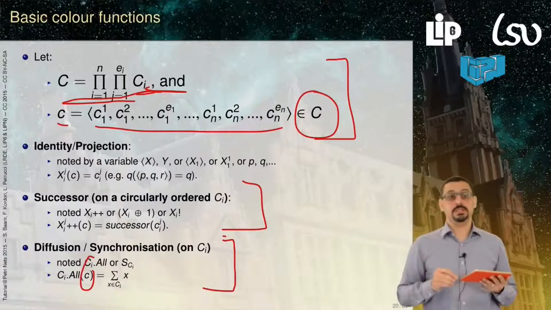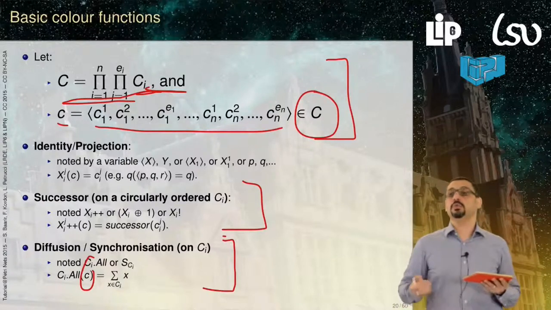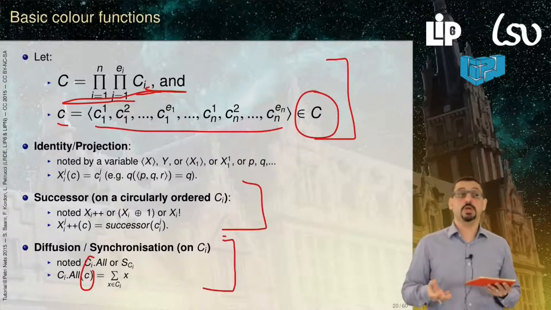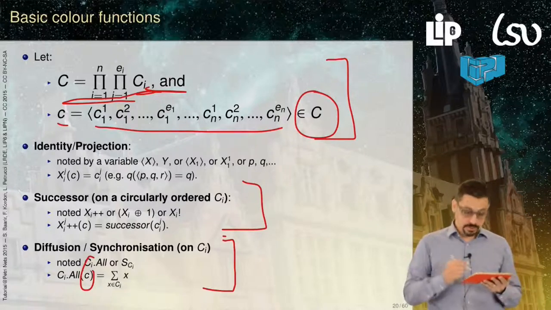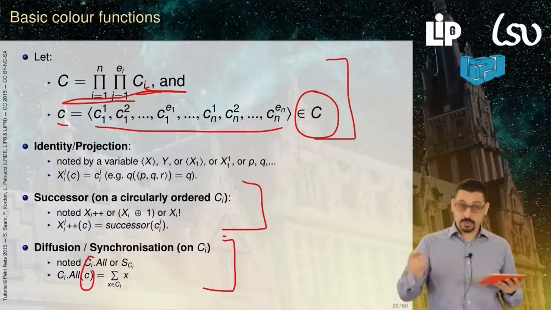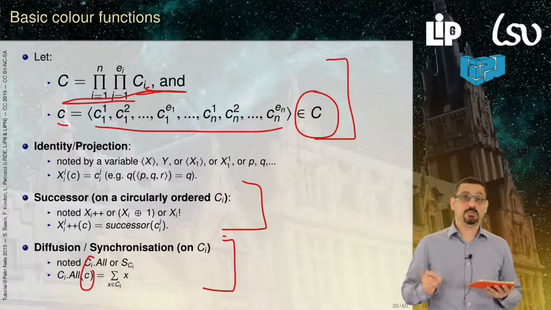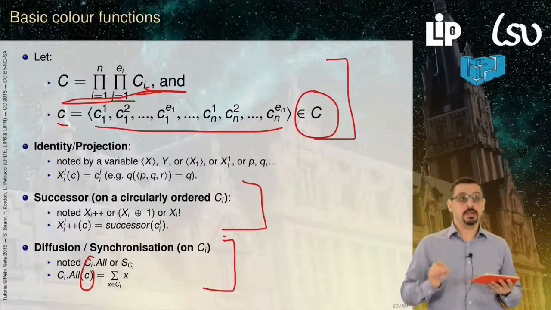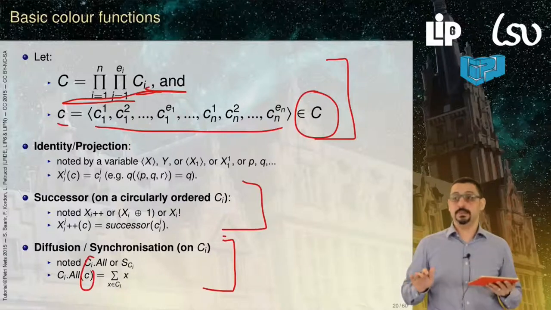What it means is that we have to take the whole set of elements that belongs to the color of a place. So what you have to keep in mind here is that the functions that we manipulate in symmetric nets are linear combinations of these three functions and nothing else.